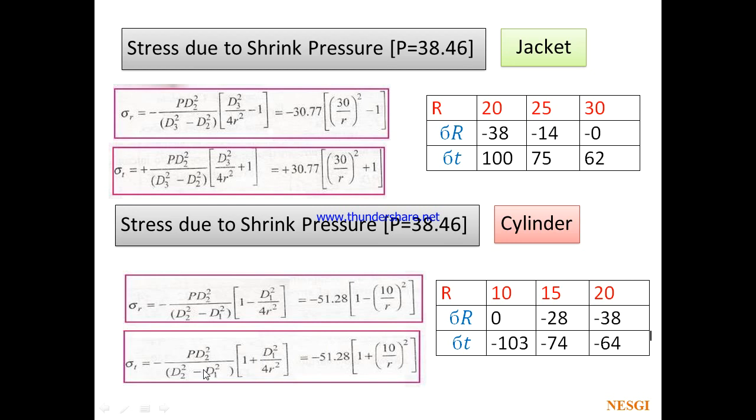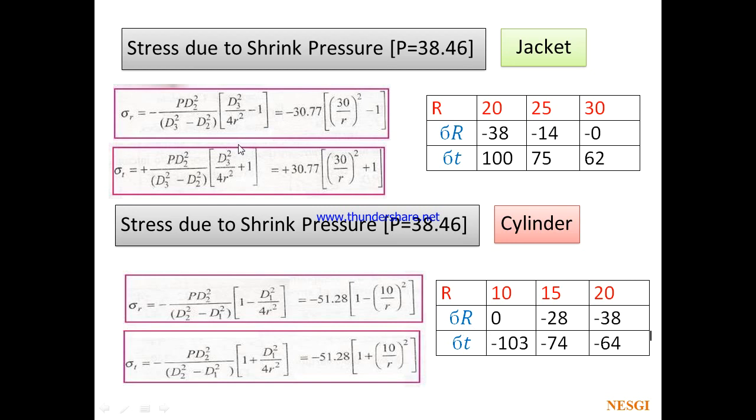If you substitute the values of d1, d2 and p, you will get this equation. Again, at different radii you just substitute the r value: at 10, sigma t is minus 103, at 15, sigma t is minus 74, at 20, sigma t is minus 64.